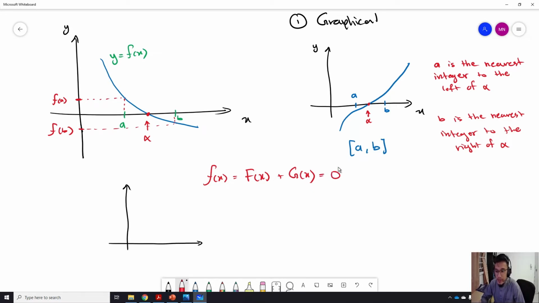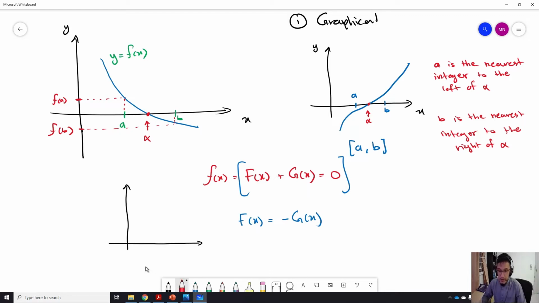In order to find the roots of the graph of this function, we can separate the function of f(x) and g(x). Then we can write it down like this: f(x) equal to negative g(x). From here we can individually draw the graph for f(x) and the graph of g(x).